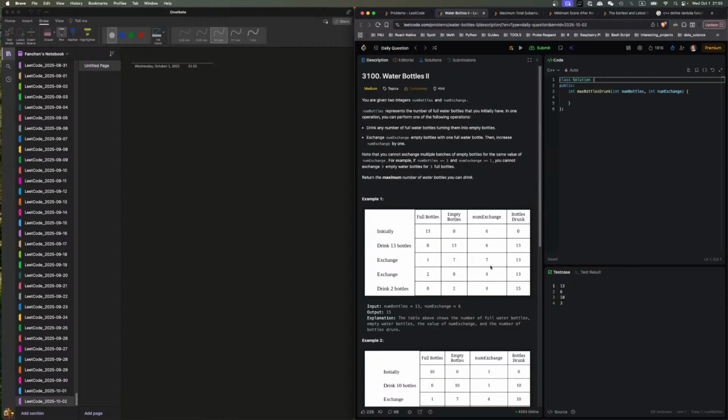Oh, then I can exchange again. Wait, hold on a second. Oh, you can only exchange it once. You cannot exchange this twice. You cannot get 2 water bottles out of it. You can only do it once, and then you get another one, and you will drink it, so it'll be 15.